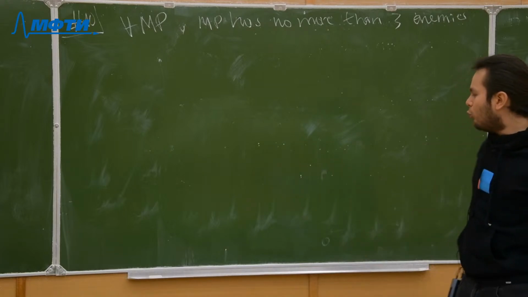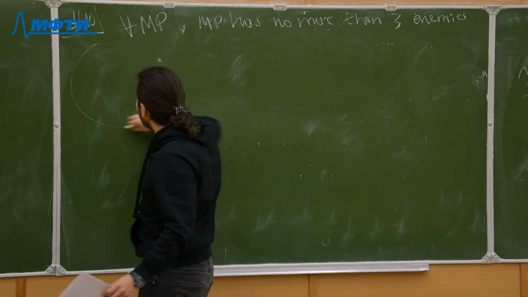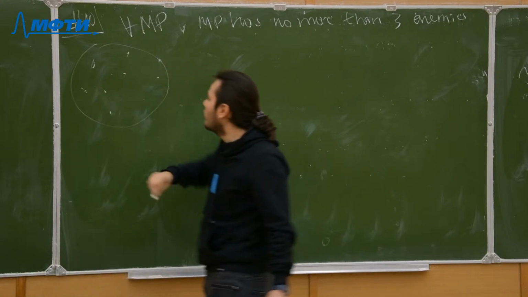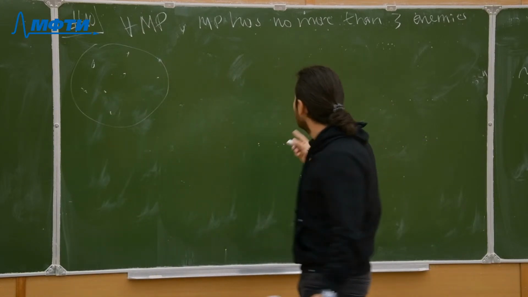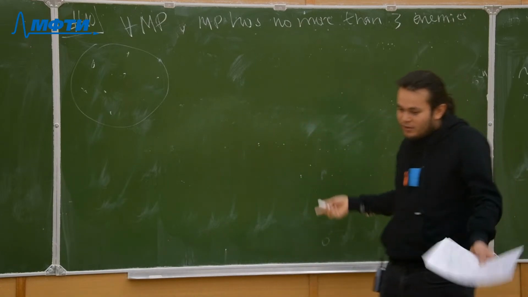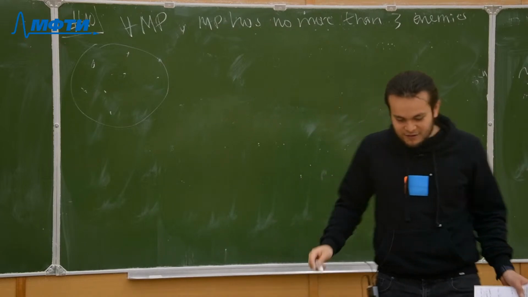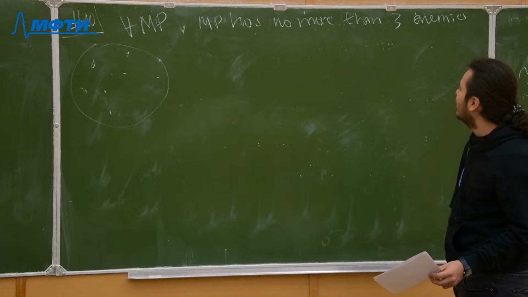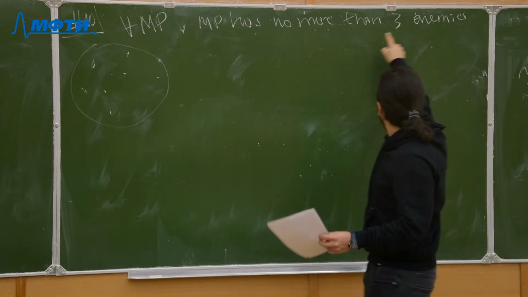So we have some group of people. We have a parliament, right? And we know that each of them has some enemies, or maybe doesn't have, but we know that each of them has at most 3 enemies.